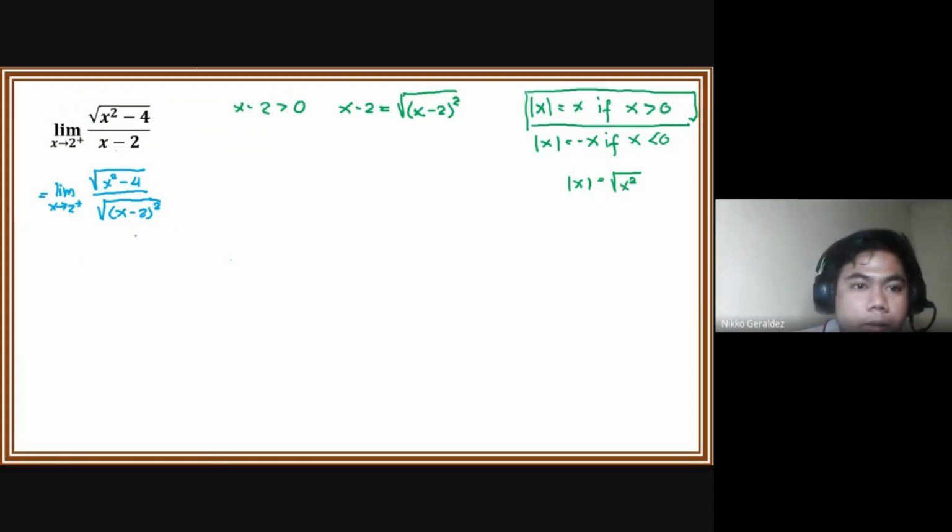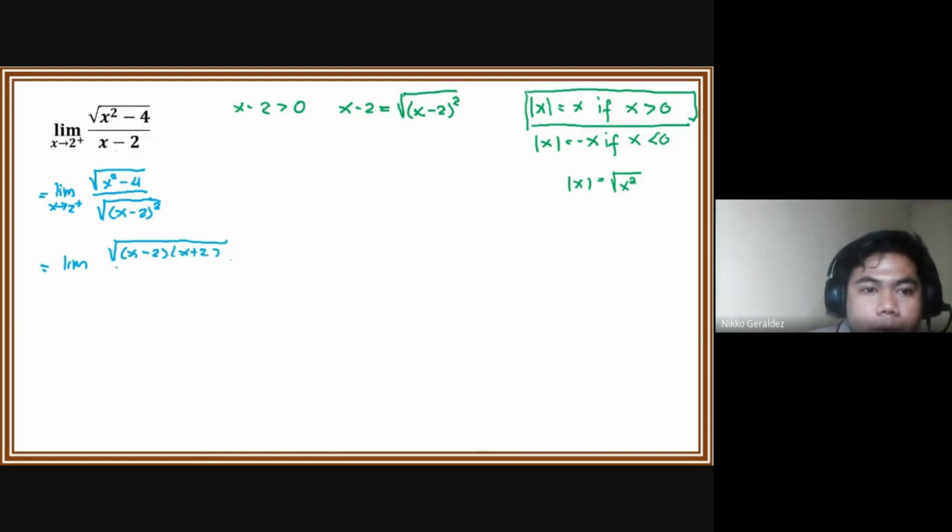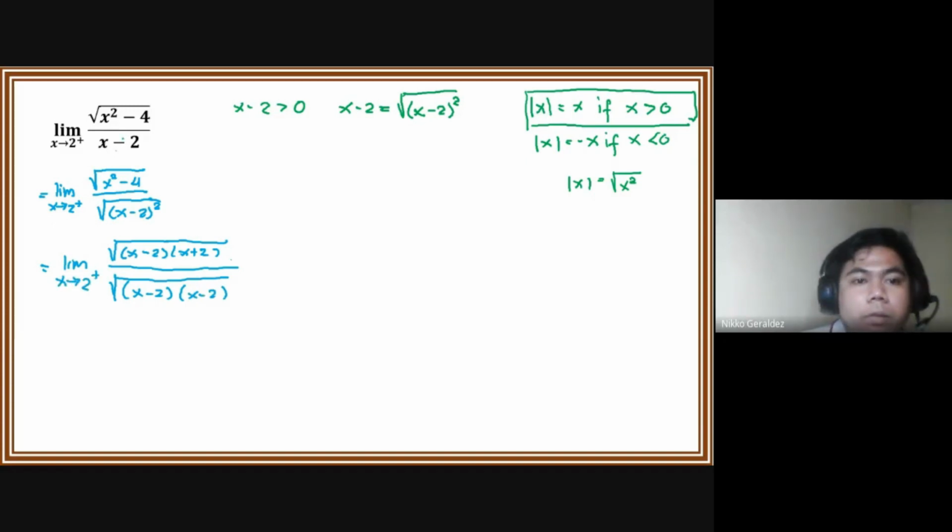So, next na gagawin, factoring. Yung numerator and denominator. So, limit of square root of x squared minus 4. So, that is x minus 2 times x plus 2 over square root of x minus 2 times x minus 2 as x approaches 2 from the right.